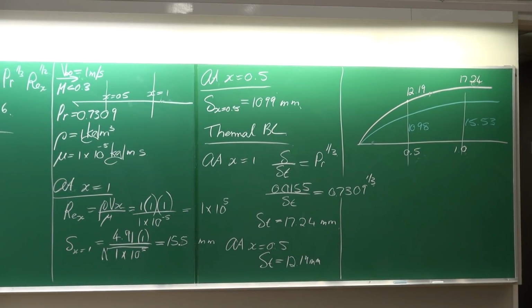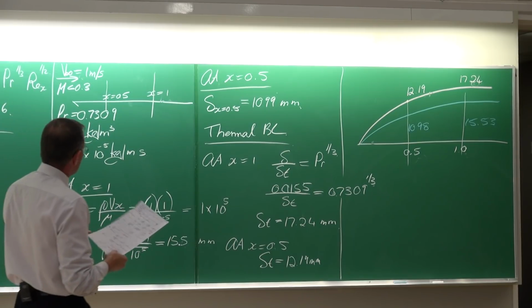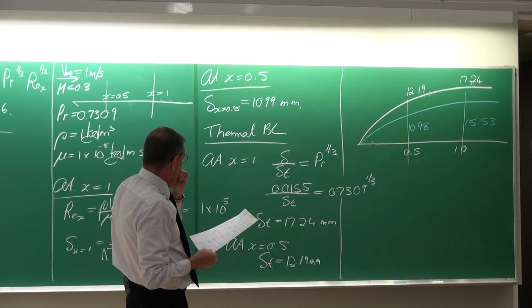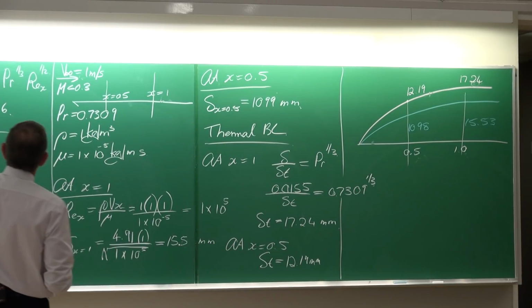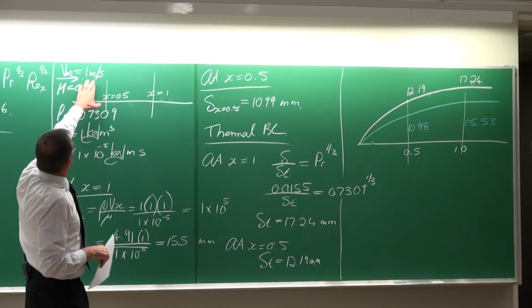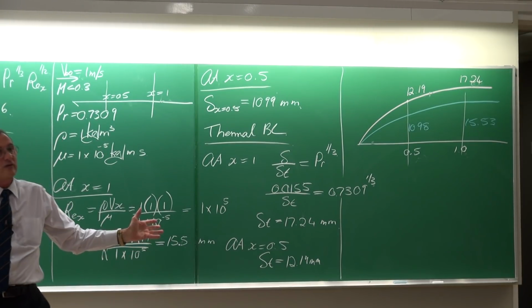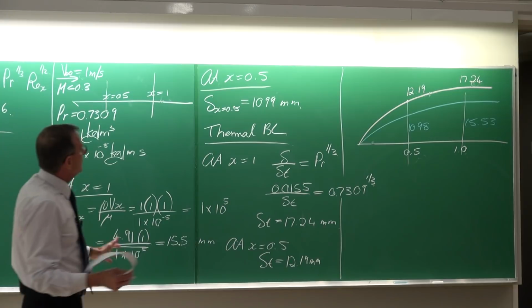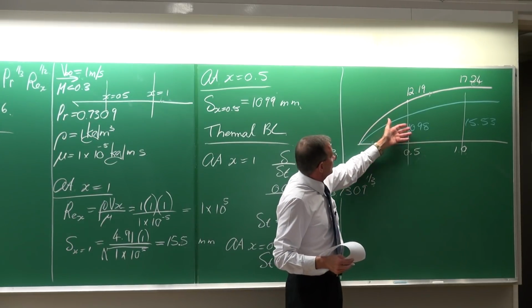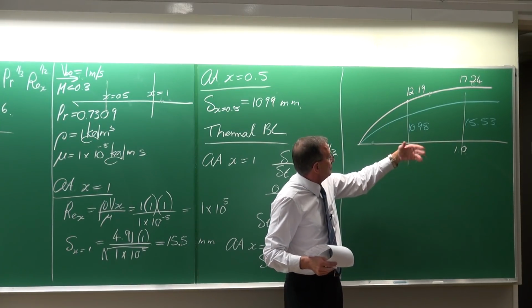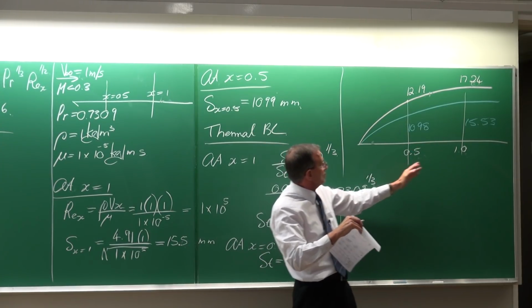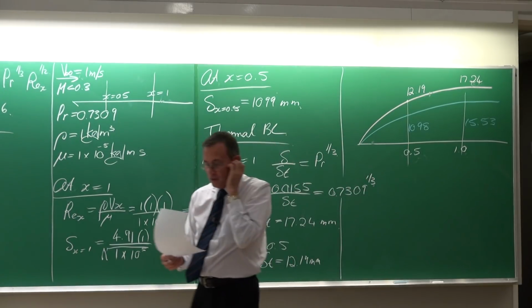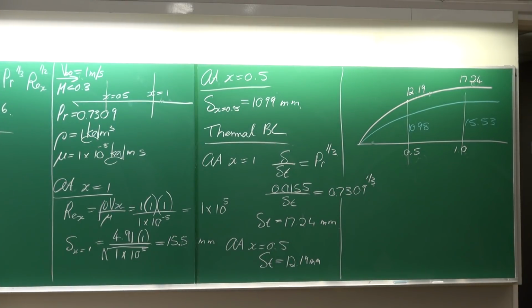So you can imagine an object like maybe an Airbus wing, and when it just starts on the runway and starts moving at 1 meter per second, then that would be an approximate thickness of the boundary layer, 10.98 millimeters at 500 millimeters from the leading edge, and approximately 15.53 millimeters 1 meter from the leading edge.